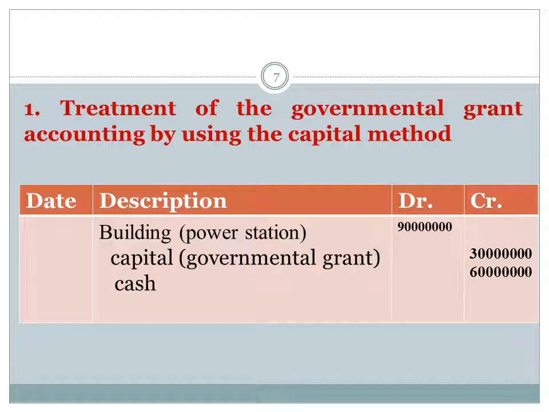There is a governmental grant. We will treat this governmental grant by using the capital method. So the difference between 90 million and 60 million, equal to 30 million, will be in the credit side.